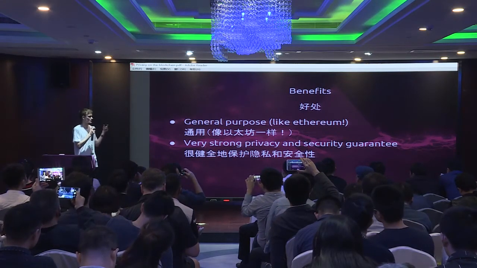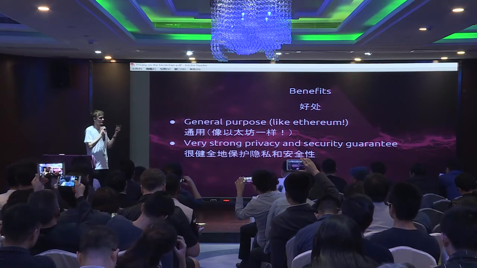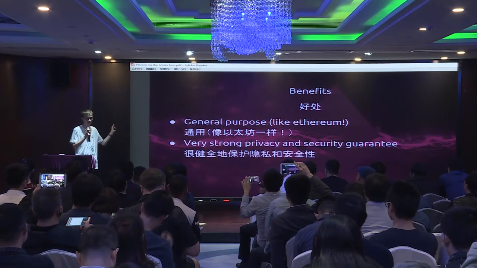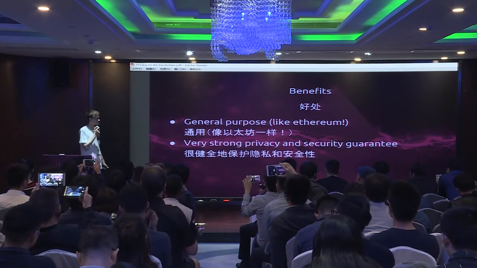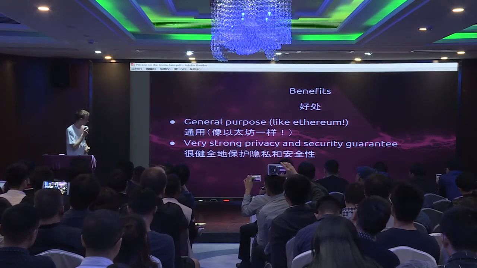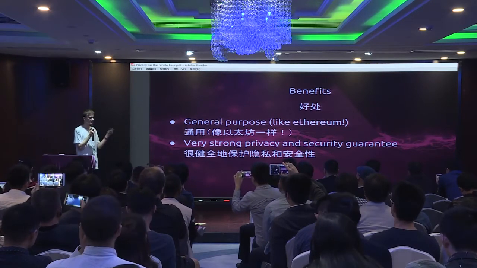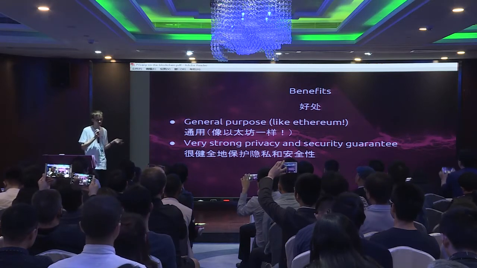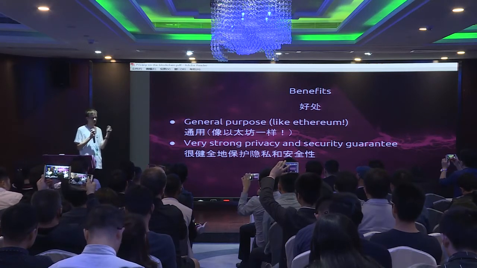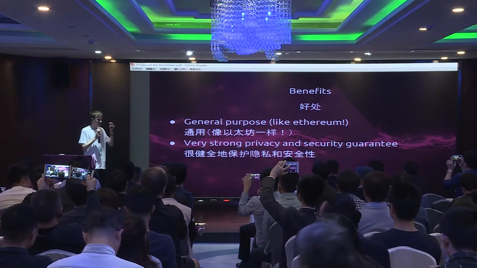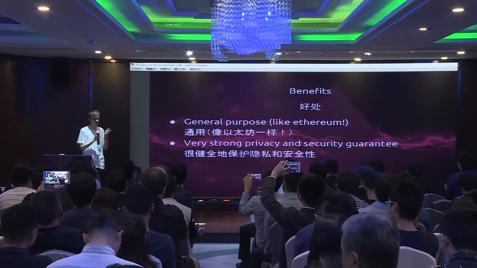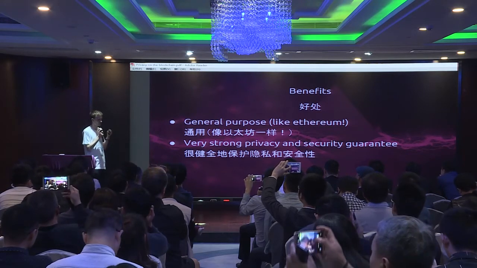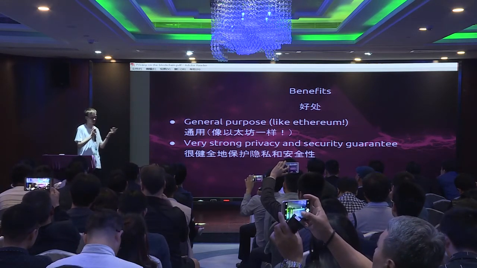Benefits of zero knowledge proofs: first, general purpose, like Ethereum. And also the level of privacy and security that you get from zero knowledge proofs is very strong. If you use some of the simpler low-tech solutions, then it can be quite hard to figure out exactly how much privacy you have, exactly how difficult it is to link one account to another account.